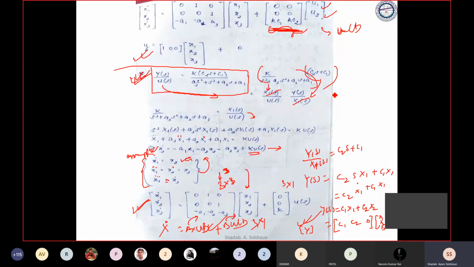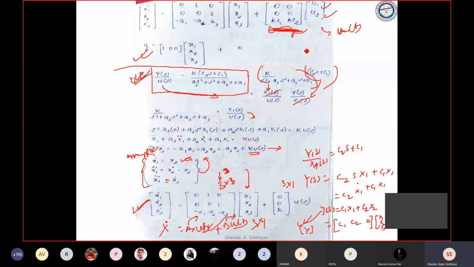So I hope today's class is very clear to you. In the tomorrow's class, I'll try to show how the nth order differential equation can be represented in matrix form. So already we have gone through the third order differential equation. For the nth order, how we can write, or how we can go through it directly.